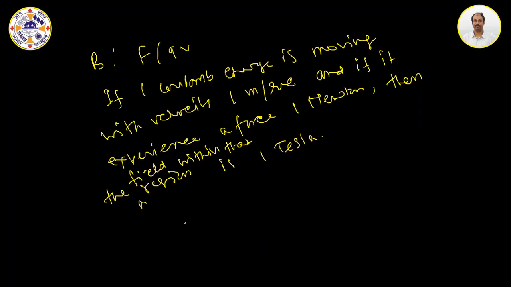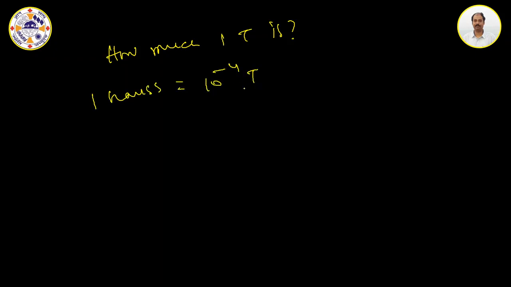Now, to give you an idea about how much 1 Tesla is, I am giving you an example. 1 Gauss equals 10 to the power minus 4 Tesla. Gauss is actually the CGS unit of magnetic field or magnetic induction.